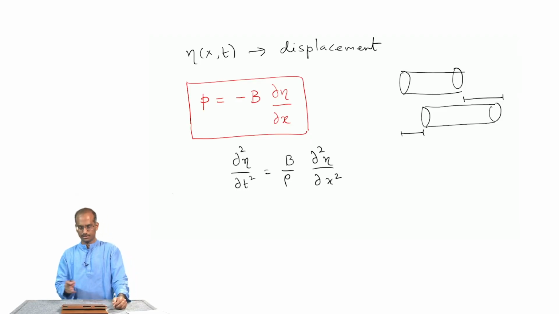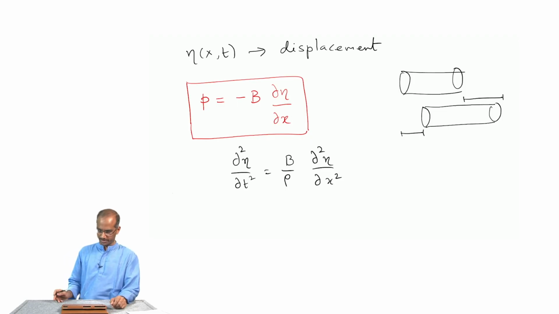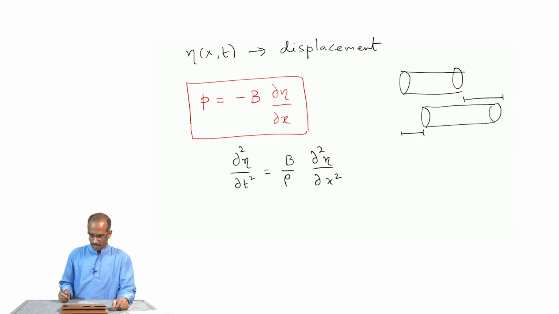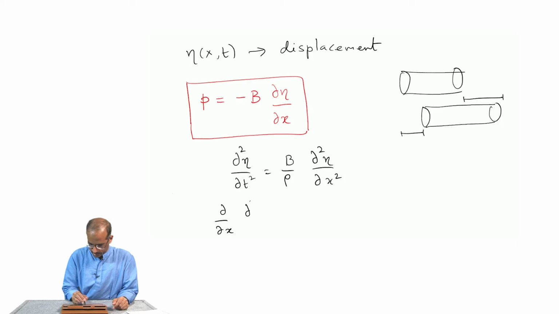Let me start with this equation in terms of displacement. Now, what I want to do is to take the derivative with respect to x on both sides. So, I will have dou by dou x of dou square eta by dou t square equal to B by rho. B and rho are constants. So, I will be able to write it something like this.